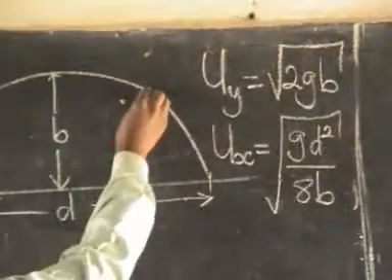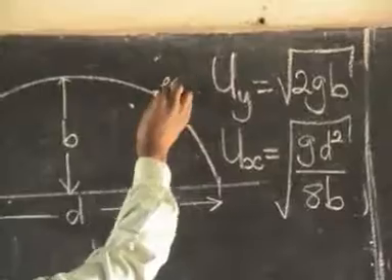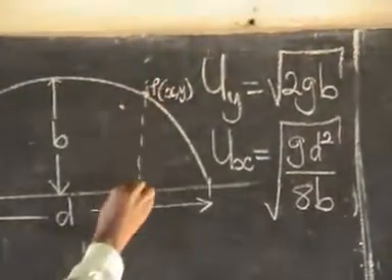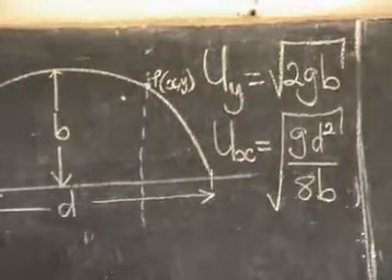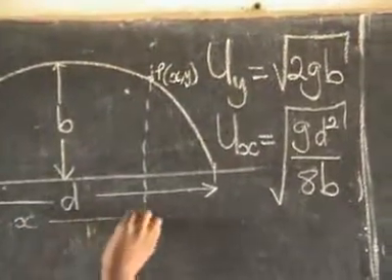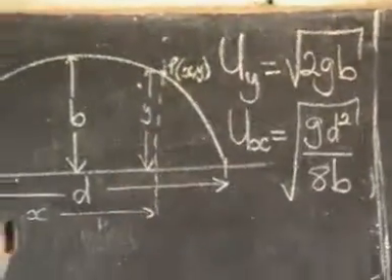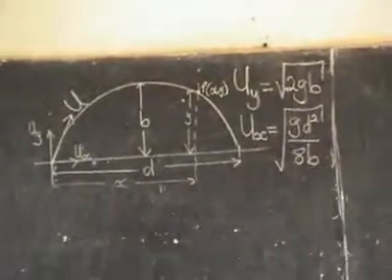Now, if our particle has reached a point P whose coordinates are given as x, y, this means that here it will be x and this will be y. They want us to prove.